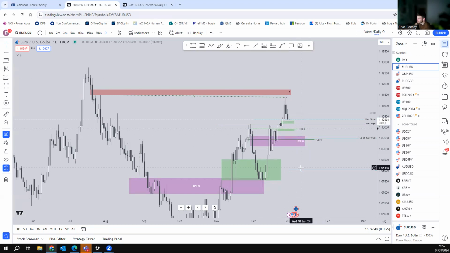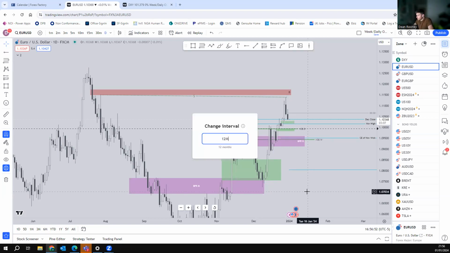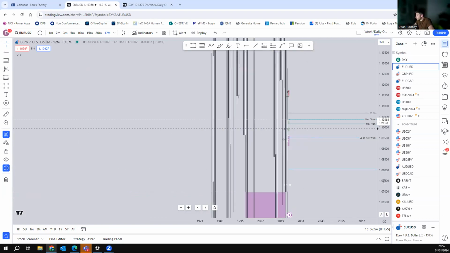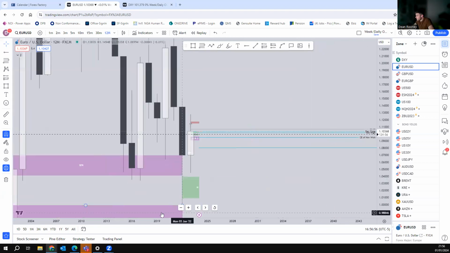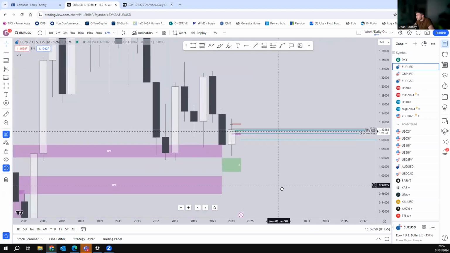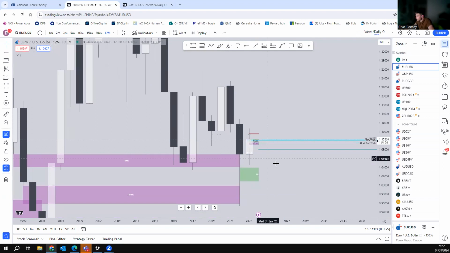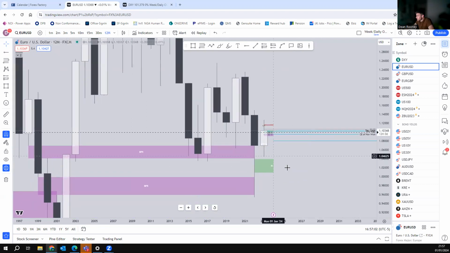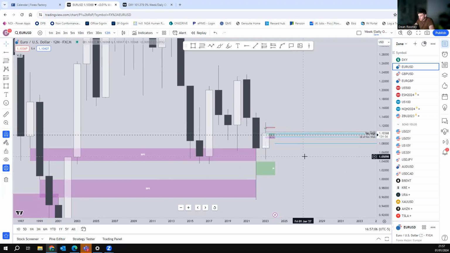I wouldn't like to see it get this low. But again, if I look at the 12-month candle, we closed inside here. There's not really any inefficiencies for that.